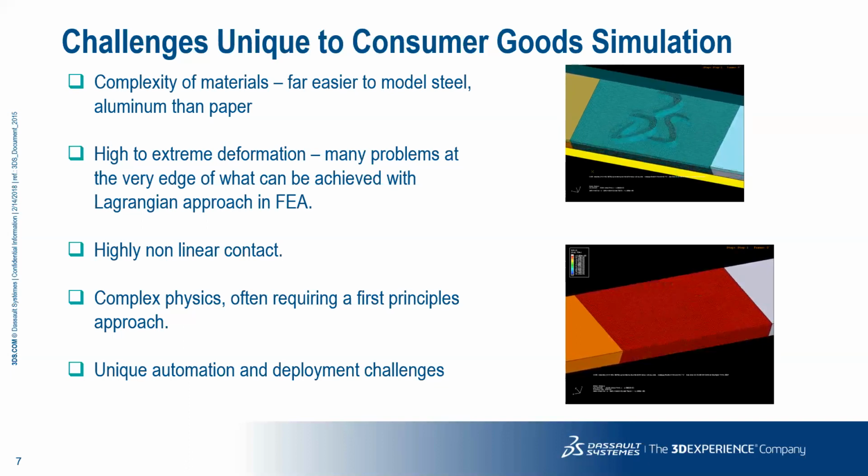It's actually far more complex to model something like a paperboard container or a diaper than it is to model, say, a car crash or aluminum, because the complexity of the material models is much more difficult. What makes it unique is that you have material which deforms heavily, so it's really at the edge of what can be solved by the conventional techniques.